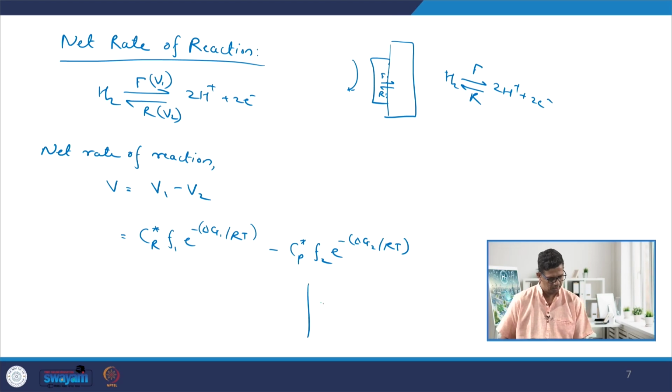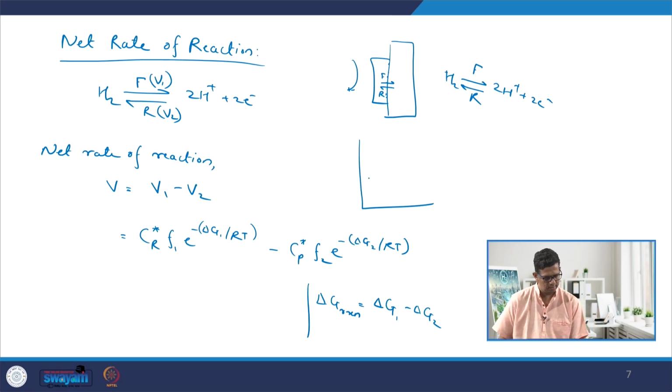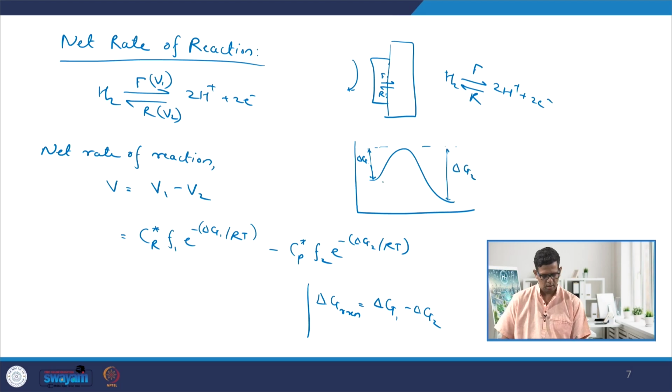Delta G reaction is delta G1 minus delta G2. I can draw that diagram one more time here. This is our delta G1, this is delta G2, and this is our delta G reaction.